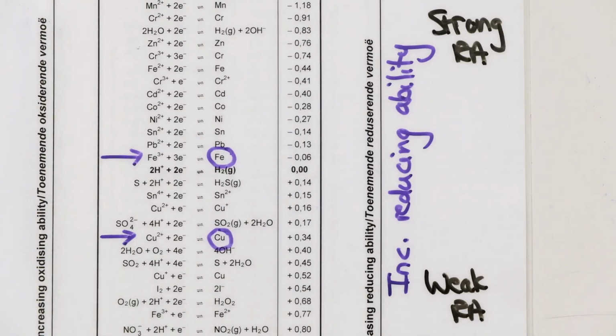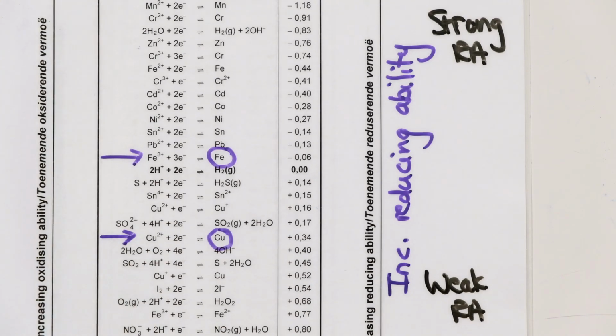Question 8.1.4. Explain the above observation by referring to the table of standard reduction potentials. The table they're referring to is table 4. Most of your schools use table 4B, so I will only be referring to table 4B. The observation that they want you to explain is the fact that the iron rusts and turns to iron 3 plus ions, and nothing happens to the copper.